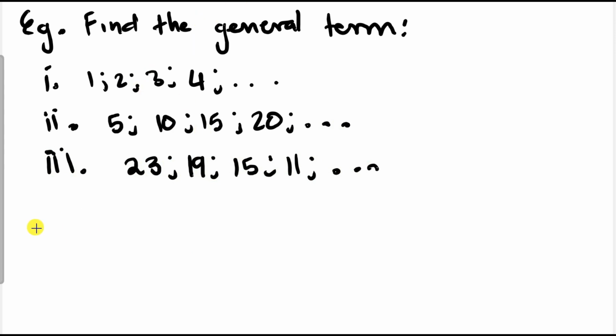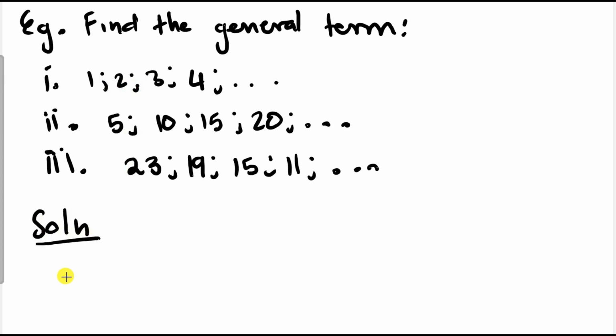Okay, now let's deal with number 1. Remember, you can find the general term by inspection. By just looking at the sequence, you can basically predict or tell what the general term is. When I look at the first one, I say our general term is n, but let's see.